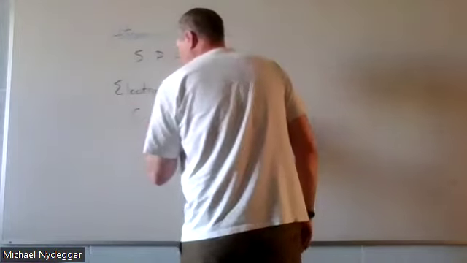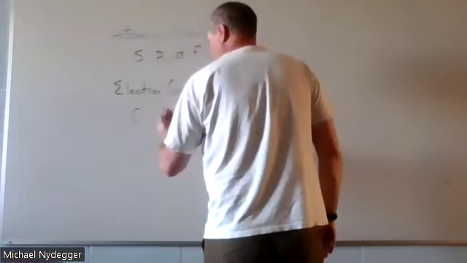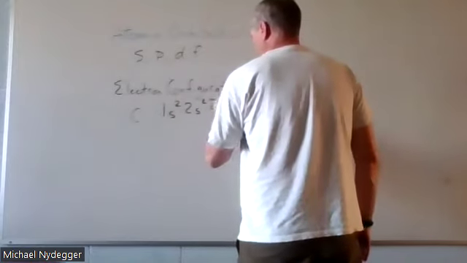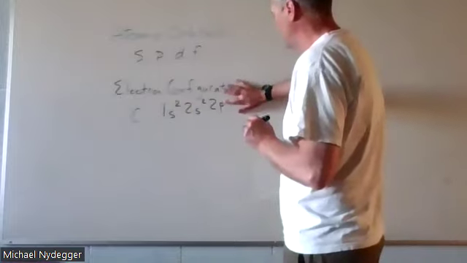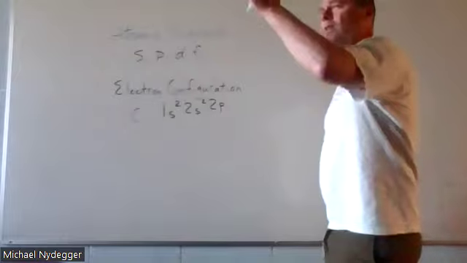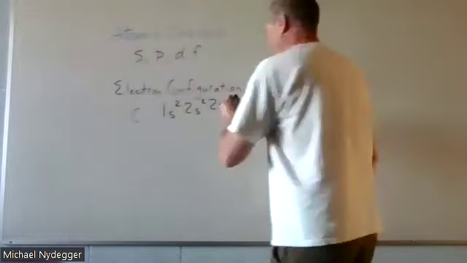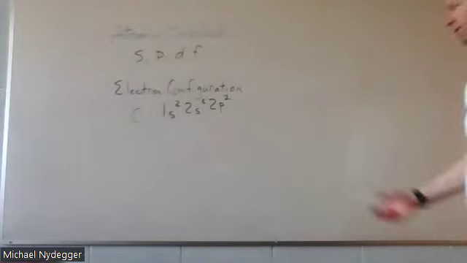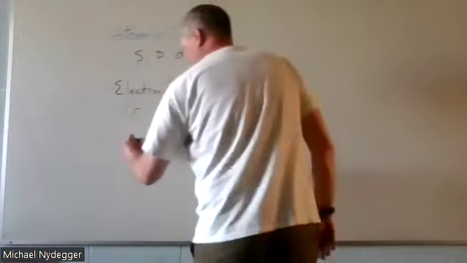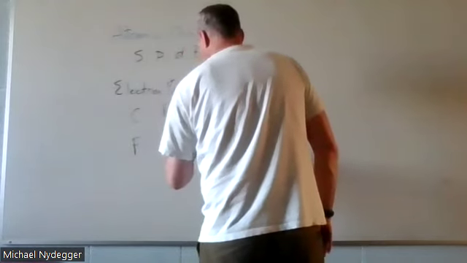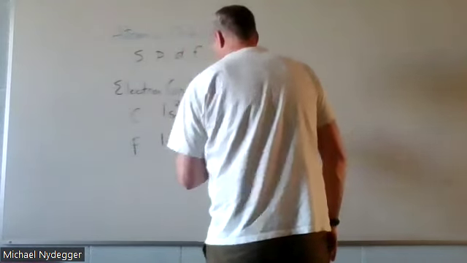And so carbon, the electron configuration is going to be 1s2, 2s2, 2p2. Let me make sure it's right. Yes, 2p2 is what that's going to be. So that's going to be carbon. Fluorine, on the other hand, is going to be 1s2, 2s2, 2p5.